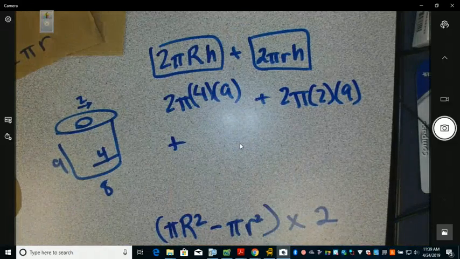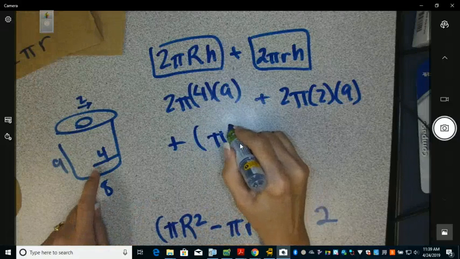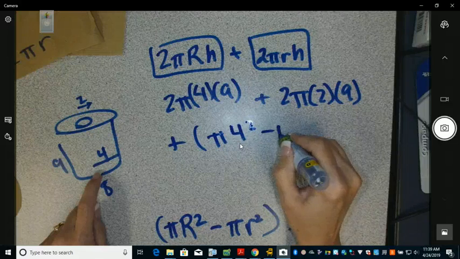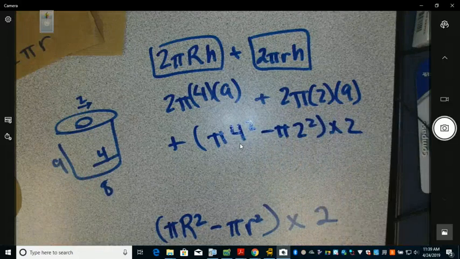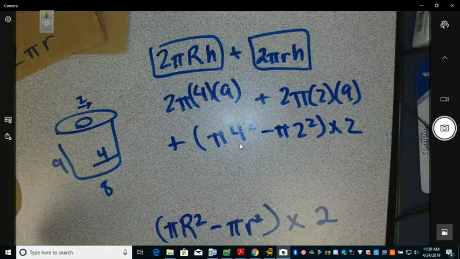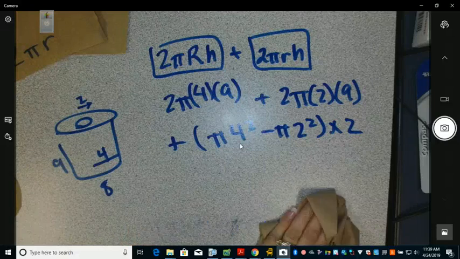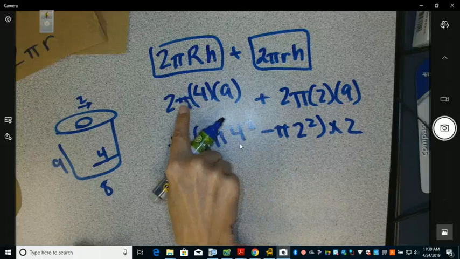Plus, now let's figure this out. This is going to be pi 4 squared minus pi 2 squared, times 2. The first thing I'm going to do is work this all in terms of pi. So 4 times 9 is 36. 36 doubled is 72 pi.